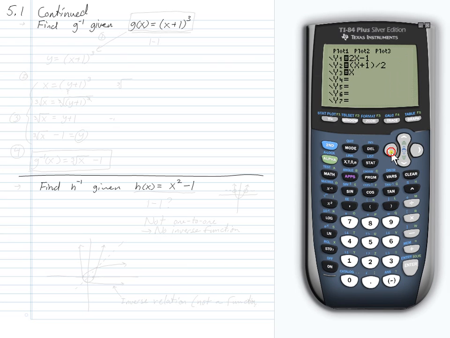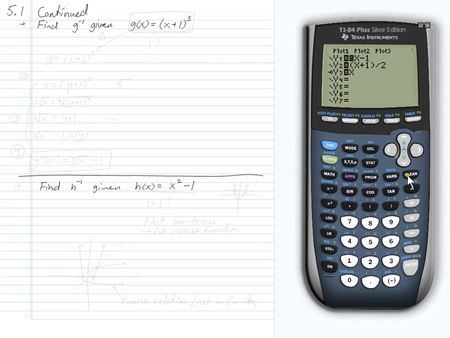Now if you turn your graph 45 degrees to the left so that y equals x is vertical, and you might want to graph y equals x while you're at it, now these two graphs look very similar to each other. So we'll look at more of that type of thing in class, but that is the graphical relationship between a function and its inverse. They look like mirror images about y equals x, so there's this new type of symmetry that we can observe.